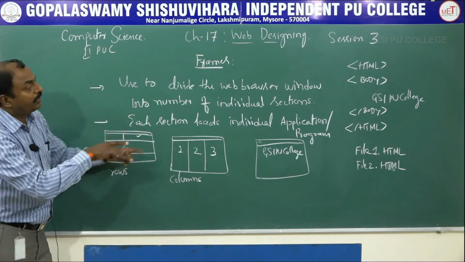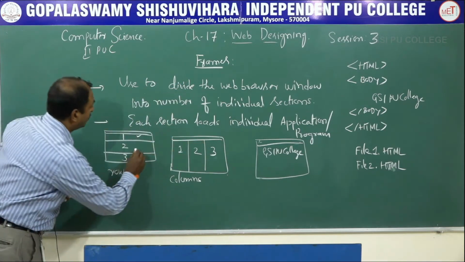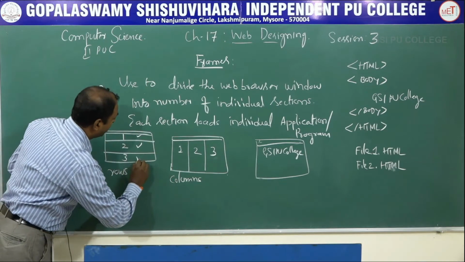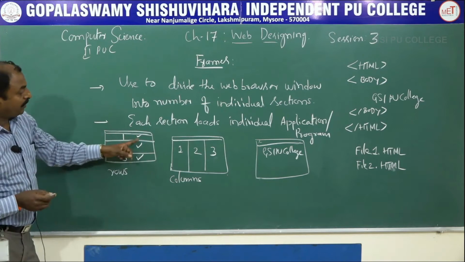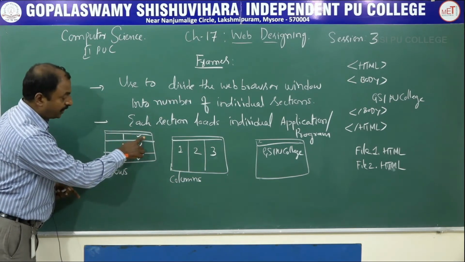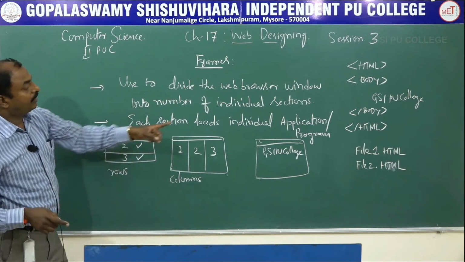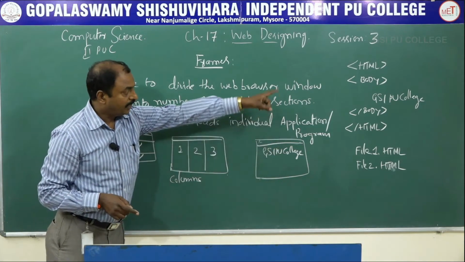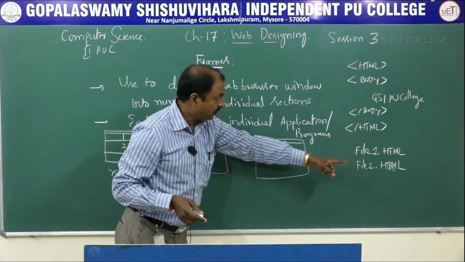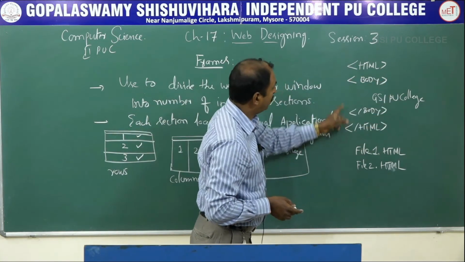Similarly, if you have written one more HTML file, that can be displayed here. So what is the meaning of this? Here each row or each section will load a separate individual application or program. This says one HTML file.